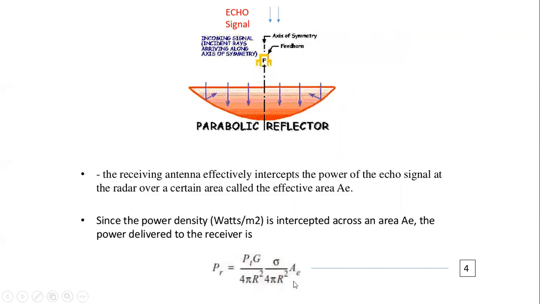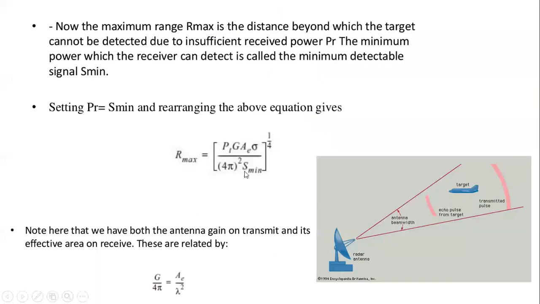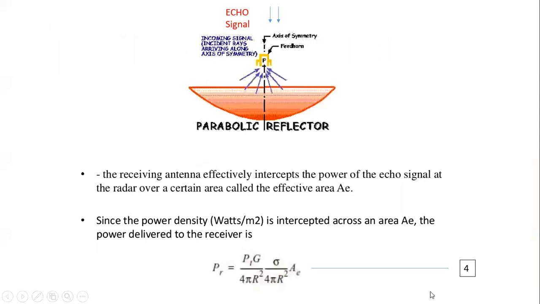This r to the power of 4 has been interchanging its position. So PR has come down, and the same PR, we are saying that if you are talking about maximum range, then the power that is sent should be minimum. Same PR, we are calling it as S min, because now this is the minimum power, right? Rest all terms are same.